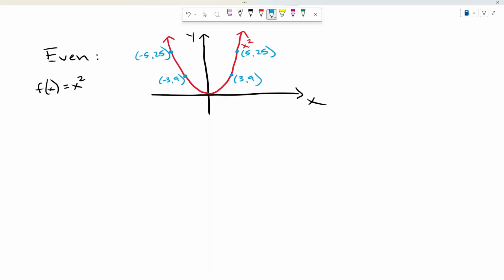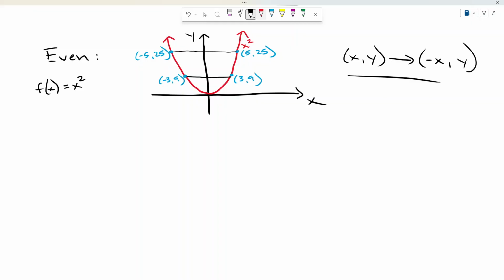So when it's symmetric about the y-axis, like this for an even function, for each x, y point, we're going to have a negative x, y point. This tells us we have symmetry about the y-axis, which we can see here. I mean, they mirror each other. We have a point here, we have a point here, we have a point here, we have a point here.